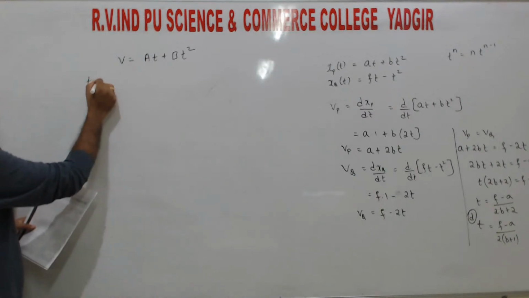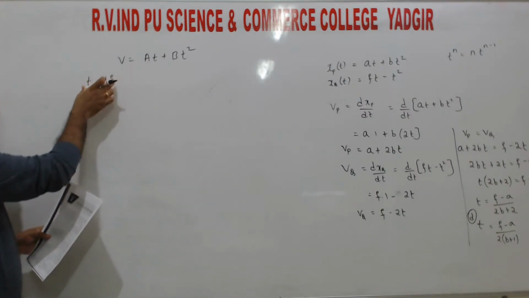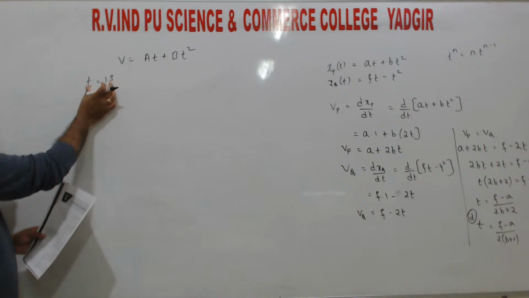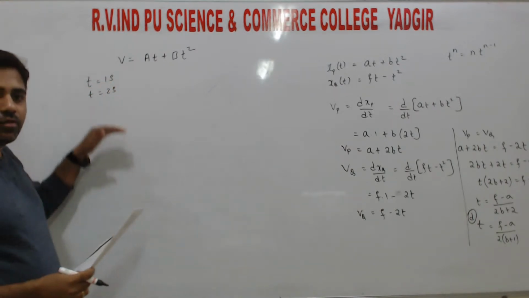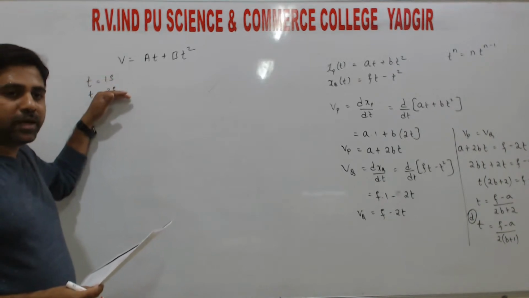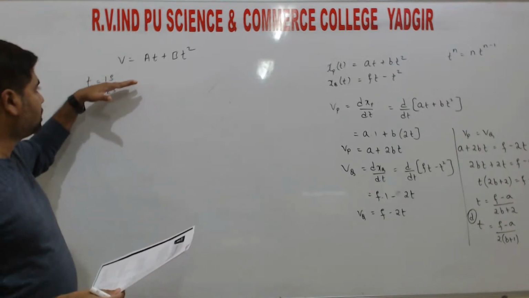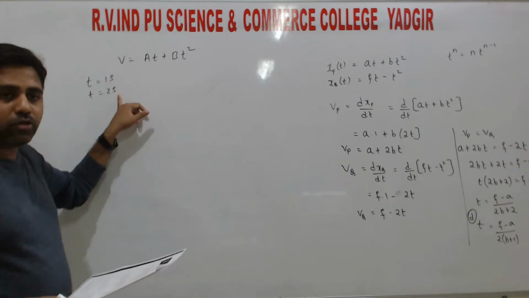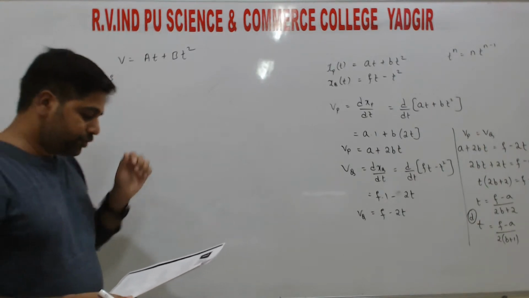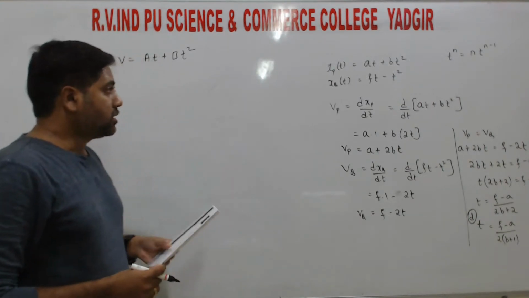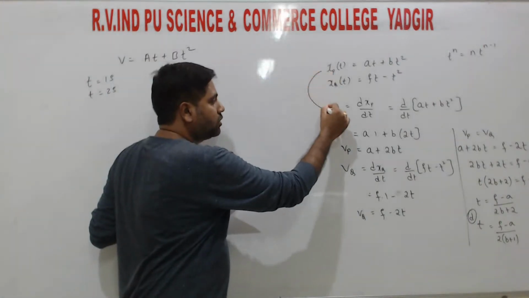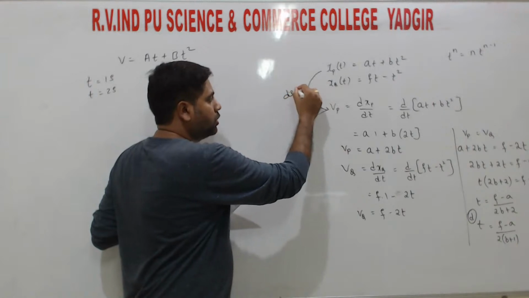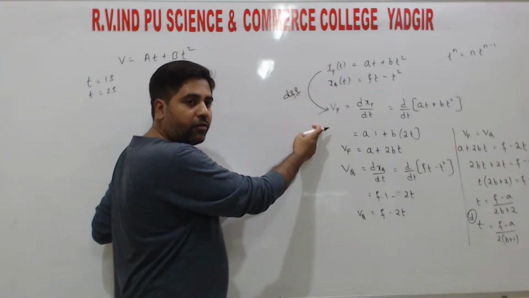We need the distance traveled between 1 second and 2 seconds. So we need to find the displacement when t is equal to 1 second and when t is equal to 2 seconds. If we take the difference of these two displacements, we get the distance traveled from 1 second to 2 seconds. As already told, if we differentiate the displacement, we get velocity.